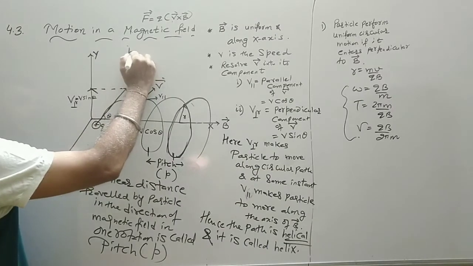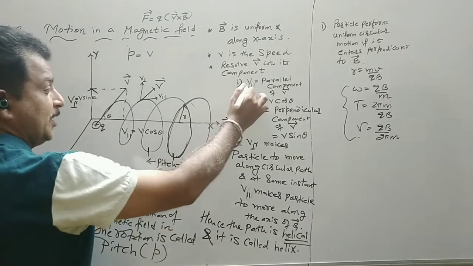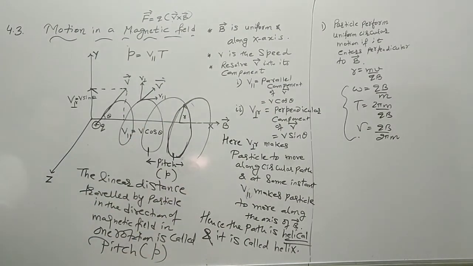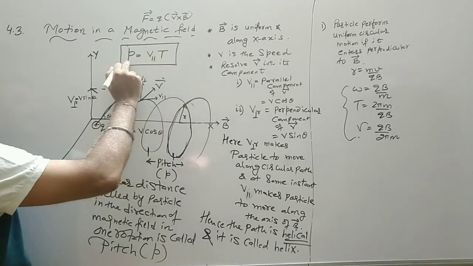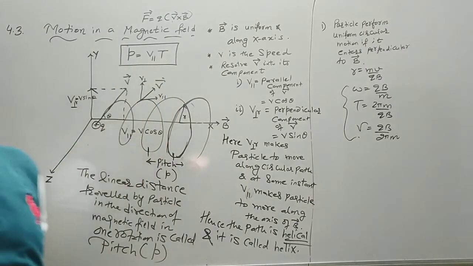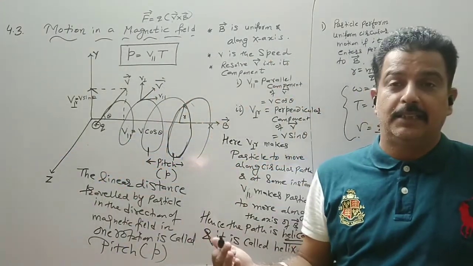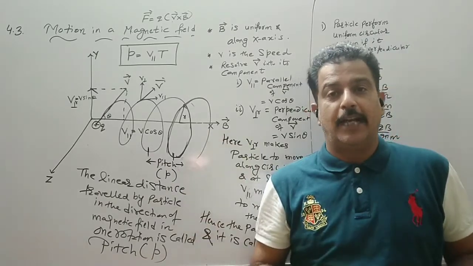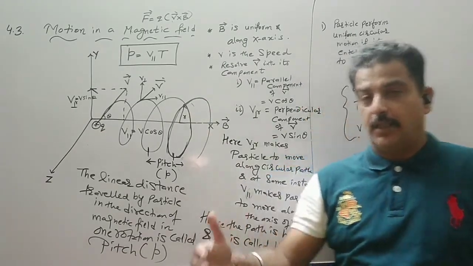It is a distance. So pitch is equal to speed. Now the speed or the velocity has two components. Which component is responsible? V parallel. So we have the formula, V parallel multiplied by T, that is, distance is equal to speed into time. And if you remember, in projectile motion also the range was taken as the cos component into the total time taken by a particle to come back to the surface of the earth.